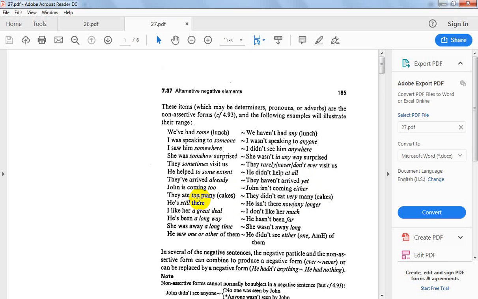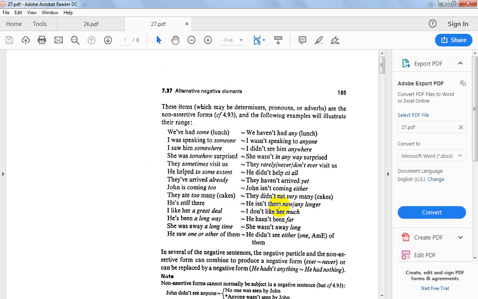Too as intensifier صارت very. Okay, very. يعني هنا intensifier with the positive, with very intensifier with negative. He is still there.